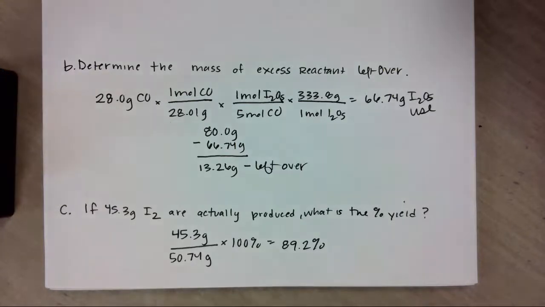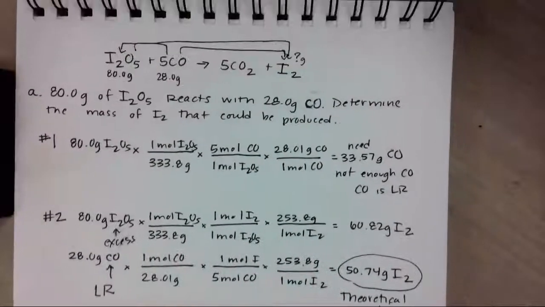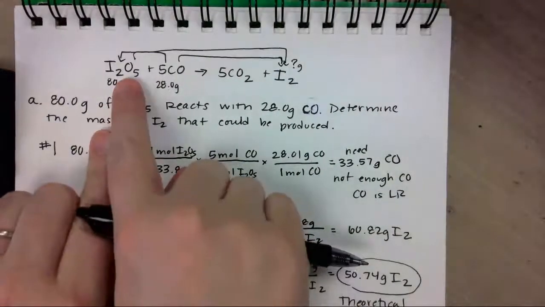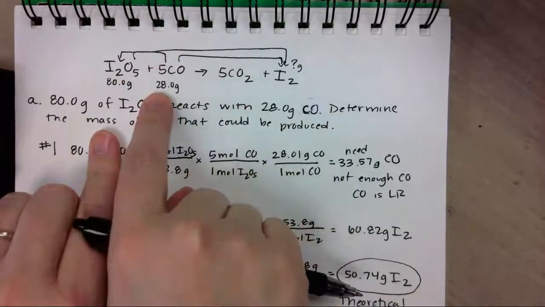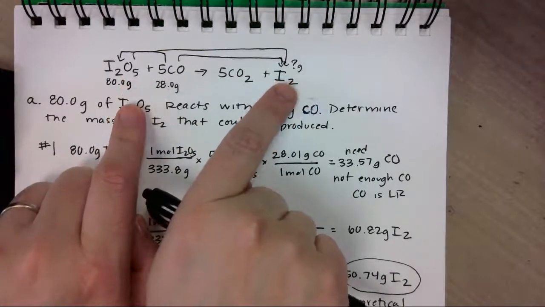Okay, there are lots of things to know with this. The biggest thing I would take away is that you need to be very clear about what you are solving for and why, and what that tells you. So if I go back to my equation up here, if I compare from I2O5 to iodine and carbon monoxide to iodine, what I'm comparing is how much of this I could make.